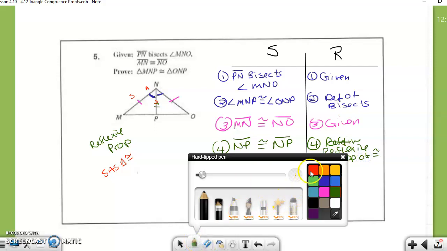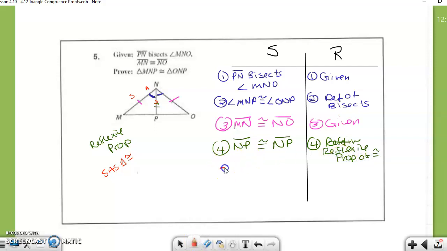After I made that statement, I now know triangle MNP is congruent to triangle ONP, and I already knew that I was using side, angle, side, triangle congruency. I laid it out before I even started my proof.